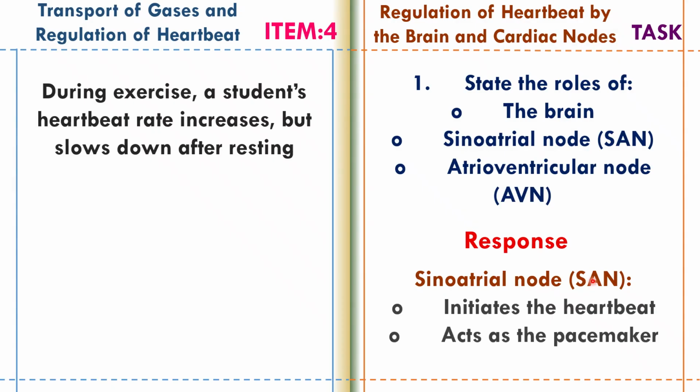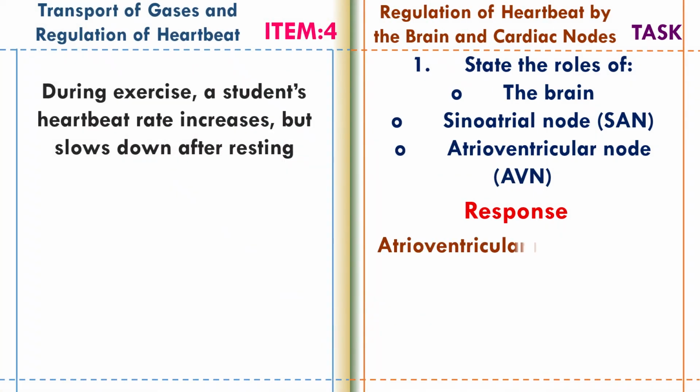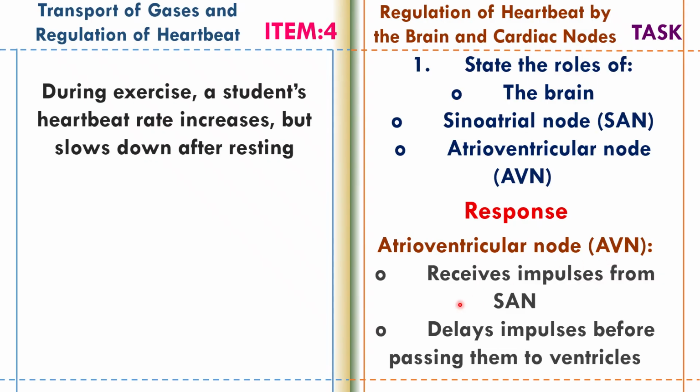Sinoatrial node, SAN: this initiates the heartbeat. It acts as the pacemaker. Atrioventricular node, AVN: this receives impulses from SAN and delays impulses before passing them to the ventricles.